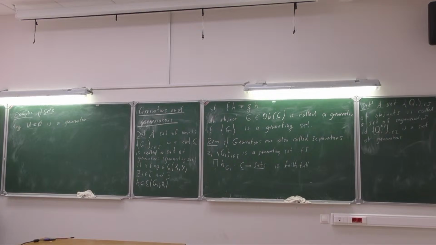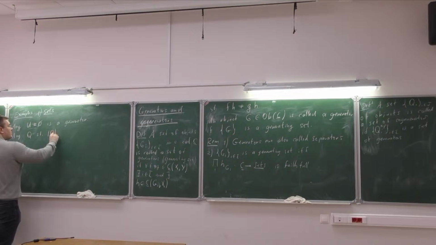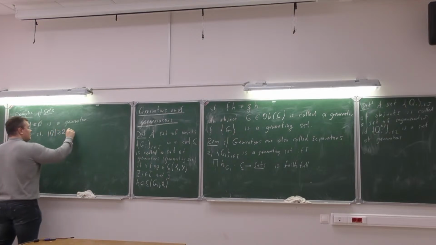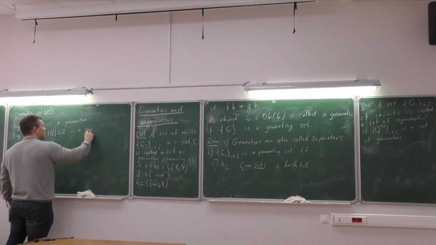What set can we take as a cogenerator? Any two or more elements. Yeah, that works. So any set Q such that in Q there are at least two elements is a cogenerator.